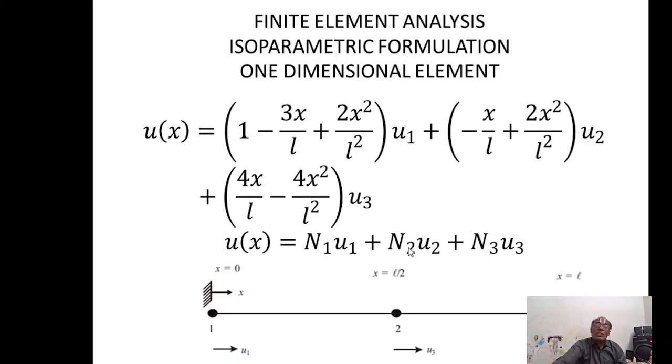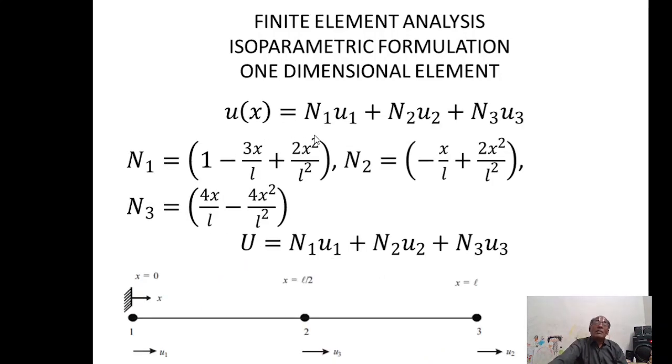N2 is the shape function, u2 is the nodal displacement of node 2. N3 is the shape function, u3 is the nodal displacement of node 3. So the deflection of the element is written as a function of shape functions and nodal displacements.